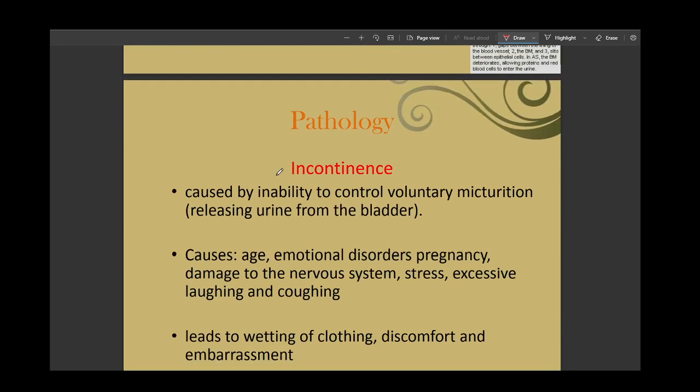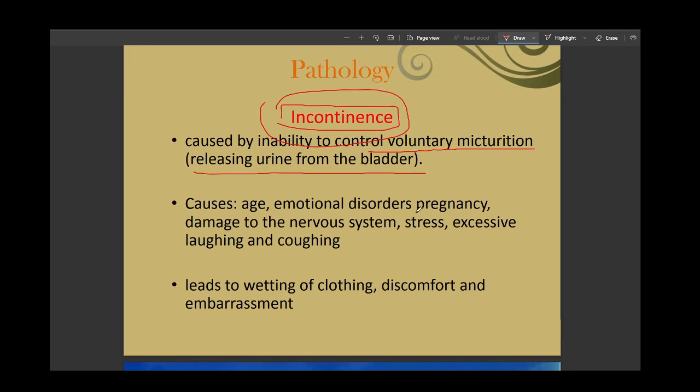So what is incontinence? It is caused by the inability to control voluntary micturition. Our micturition is voluntary; if we cannot control it, it is called incontinence. What is micturition? It is the natural releasing of urine from the bladder, peeing in slang language.